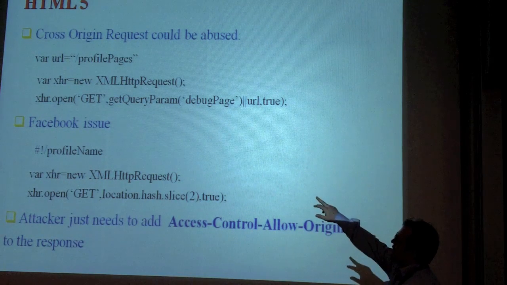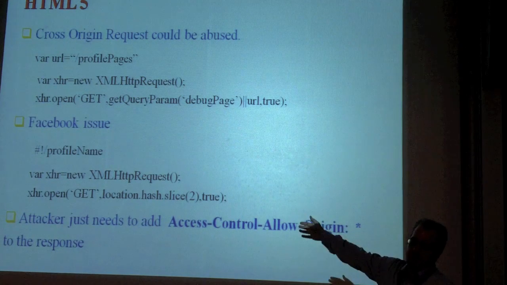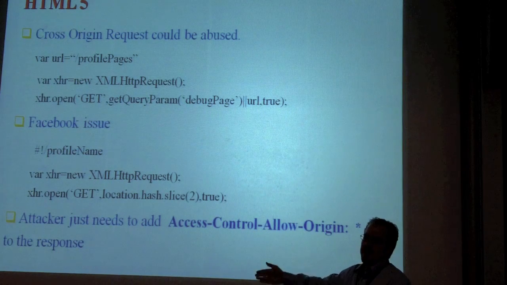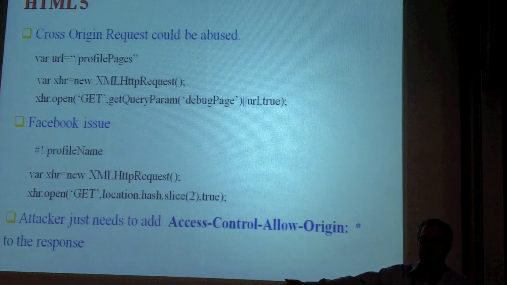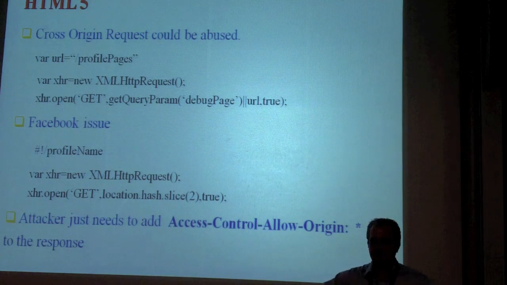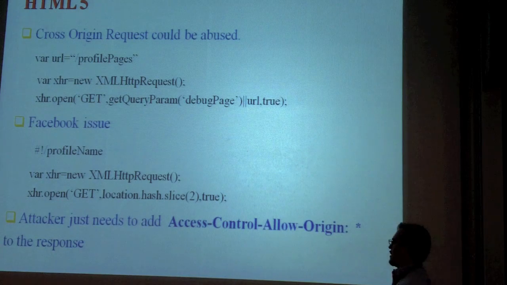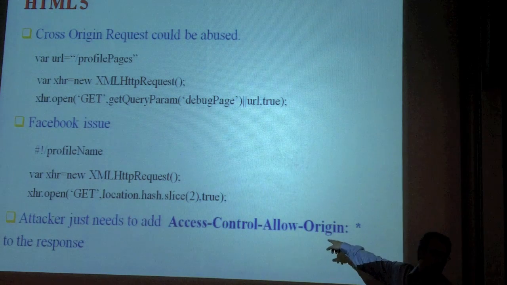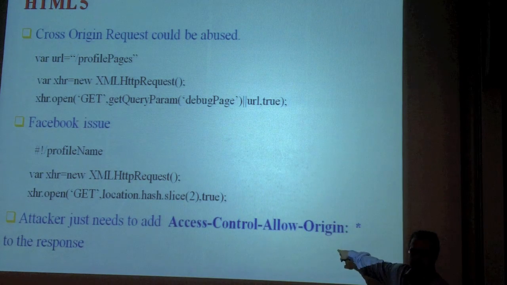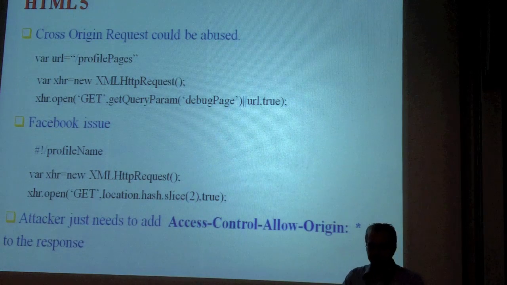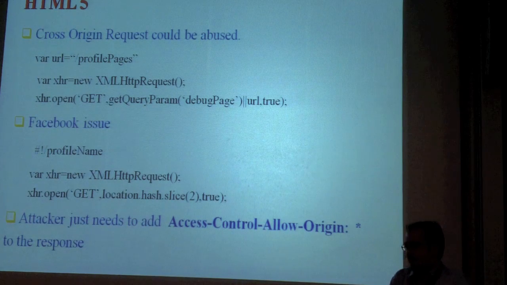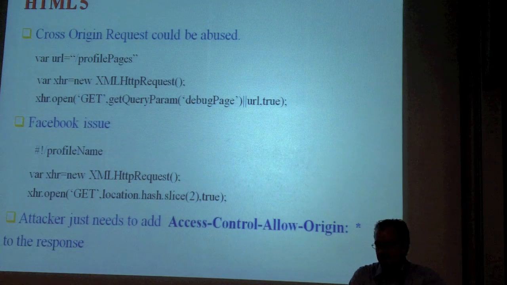It's possible to use an XMLHttpRequest to ask for external responses. The attacker just needs to add this header to the response, and the browser will read the response and do something.